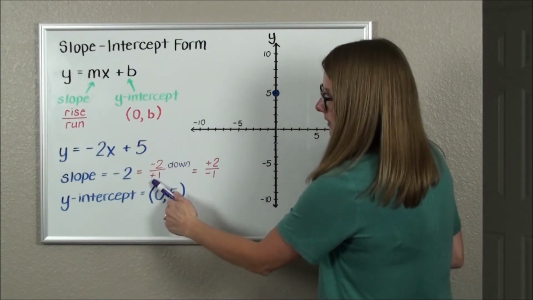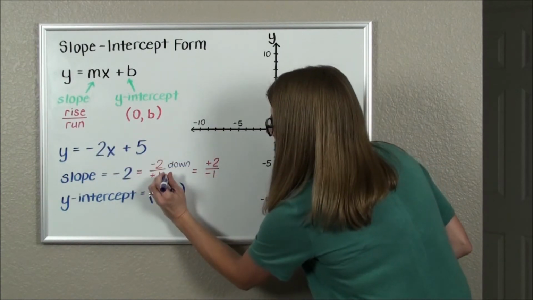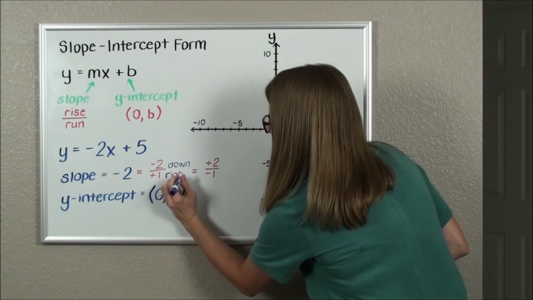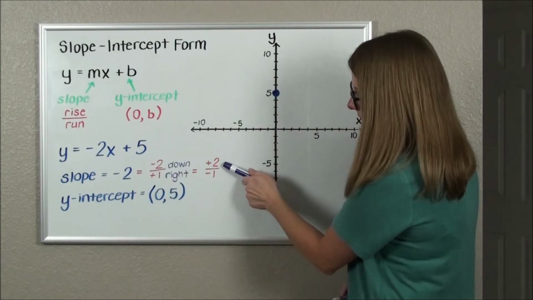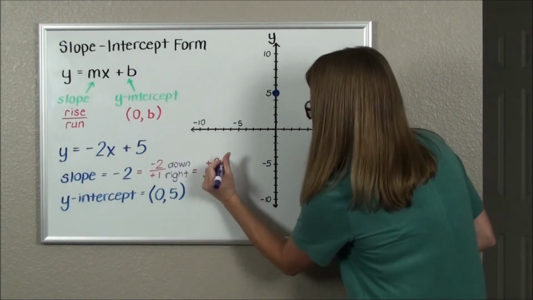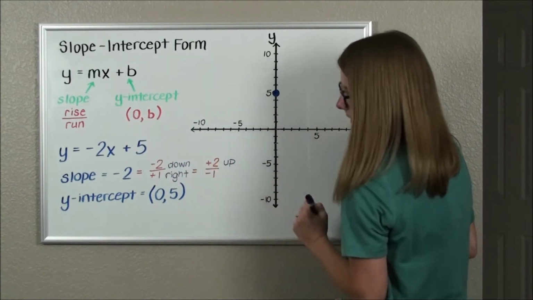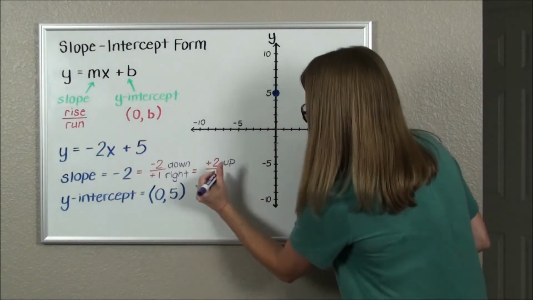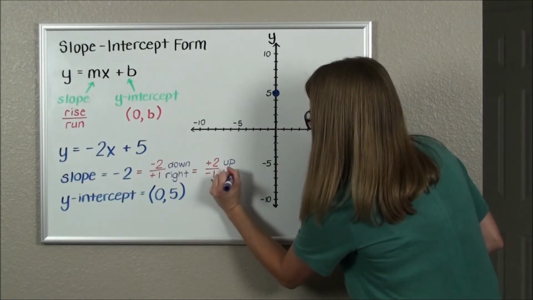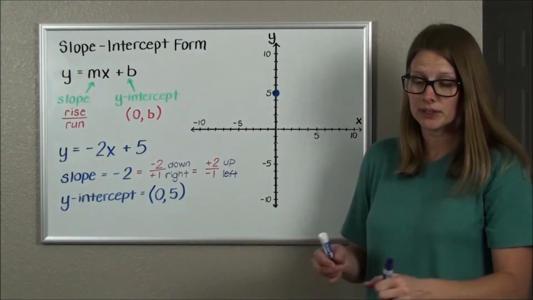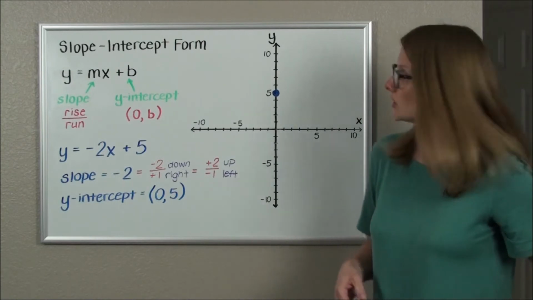If I have a positive run, I'm going to go to the right 1. And over here, if I have a positive rise, I'm going up 2. If I have a negative run, I am going to the left 1. So I have a couple different options here. Let's just do one at a time.